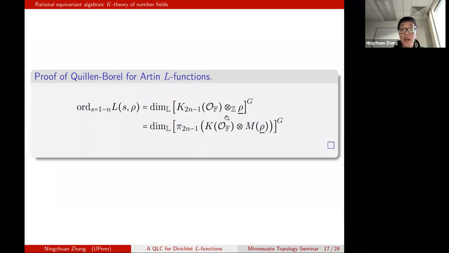And then we can use an equivariant universal coefficient theorem to move the rho. This twisting by rho is basically changed by this representation rho inside. So instead we tensor the algebraic K-theory spectrum by the Moore spectrum.